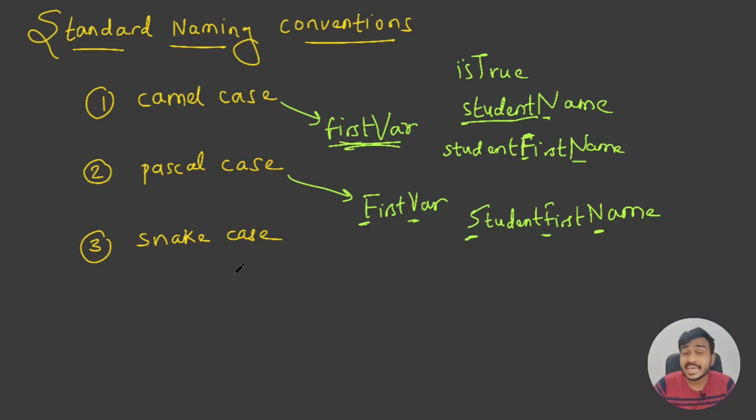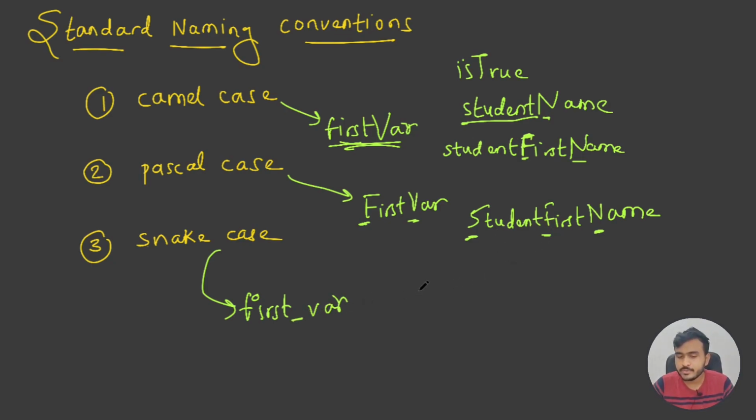Now what is snake case? In snake case, your entire name is going to be in lowercase. But while attaching the words, you have to use underscores. So let's try to write the same variable names with the help of the snake case naming convention. The first var will look like this. See, you combine two words with the help of an underscore.